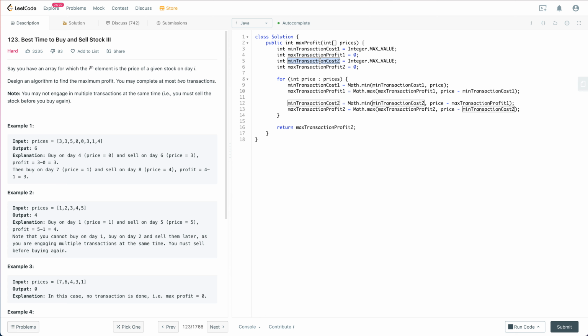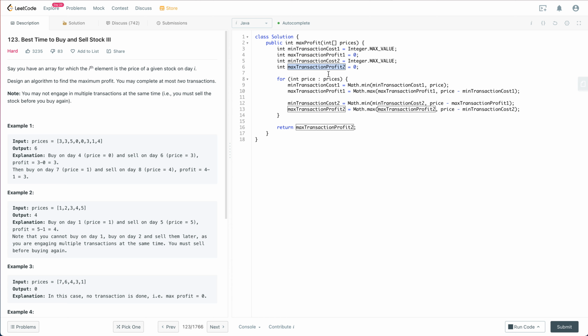And this one, min transaction cost 2, means the minimum cost to buy a stock in transaction 2. What makes it different from min transaction cost 1 is that, supposing we have some profit from the first transaction, we can apply that profit to buy the second stock. That's the difference between min transaction cost 2 and min transaction cost 1.